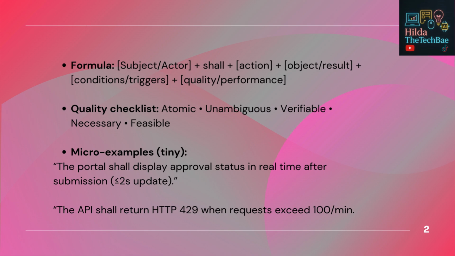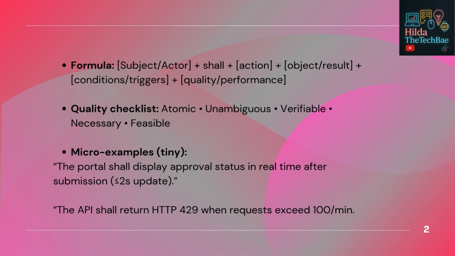So you see it's incorporating the formula: subject or actor, shall with action, object, condition or trigger, quality of performance. Another example is the API shall return the HTTP 429 when request exceeds 100 per minute. So you see this incorporates the formula that you see up in the screen here.